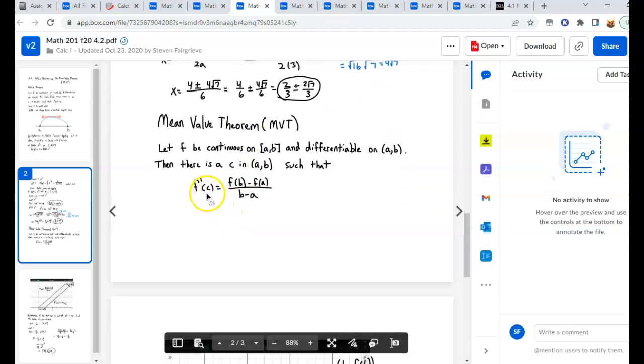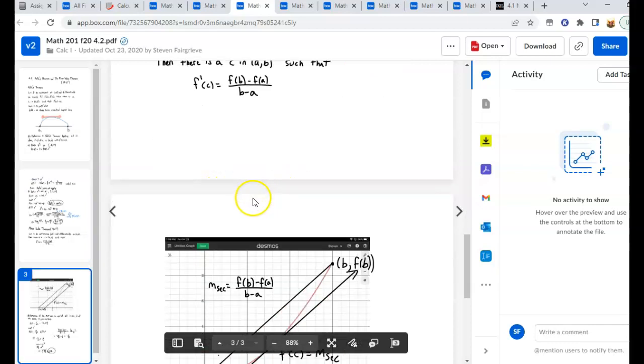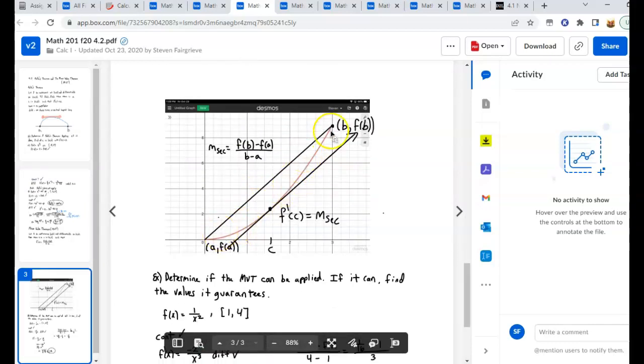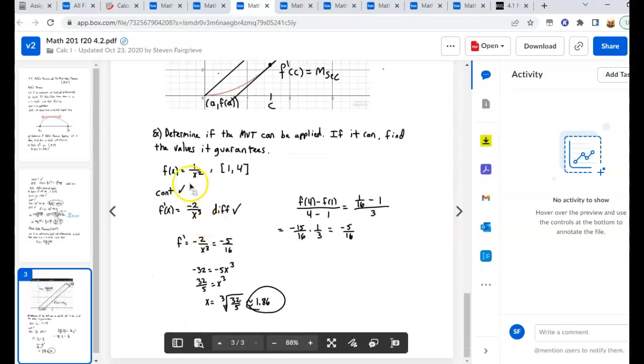Mean value theorem says if it's continuous and differentiable, then there's a place where the slope of the tangent line is the same as the slope of the secant line. You can see that here in the visual picture. The secant line and the tangent line here are parallel. So again, in this example, we checked. It is continuous in the interval 1 to 4.